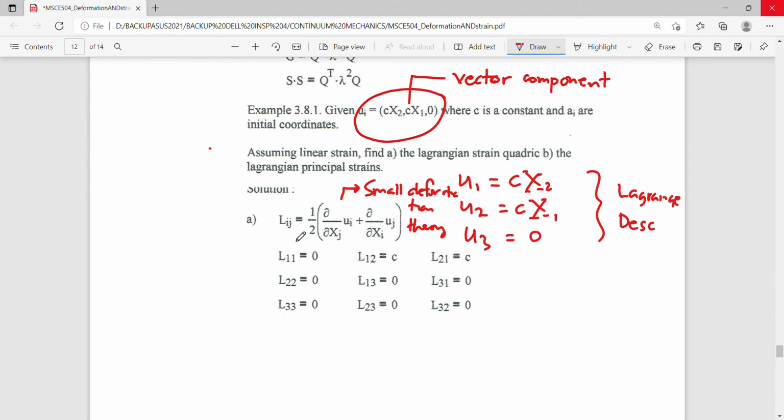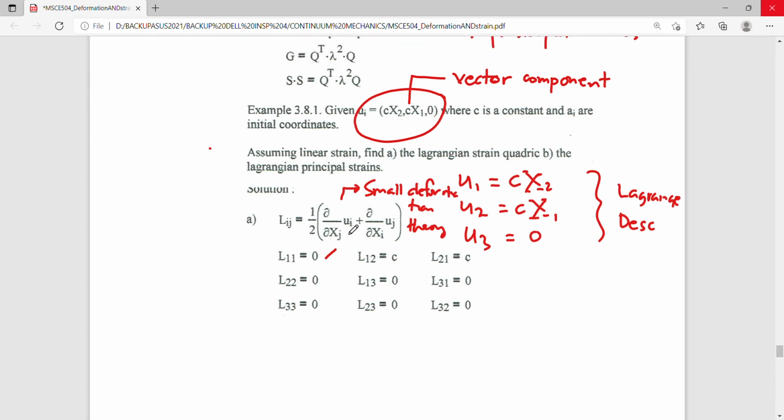In L11 here, what's the partial derivative of u1 with respect to x1? It's 0. If I have an L12, what's the partial derivative of u1 with respect to x2? Okay, so this is c.